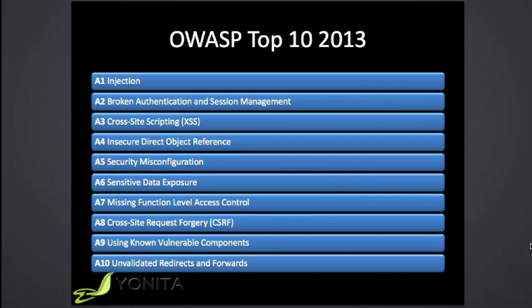Sensitive data exposure. We need to take care not to log passwords. We need to take care not to log credit cards. Basically, when we deal with any sensitive data, we need to think how to protect it, how to keep it secret from the outside world. Missing function level access control.